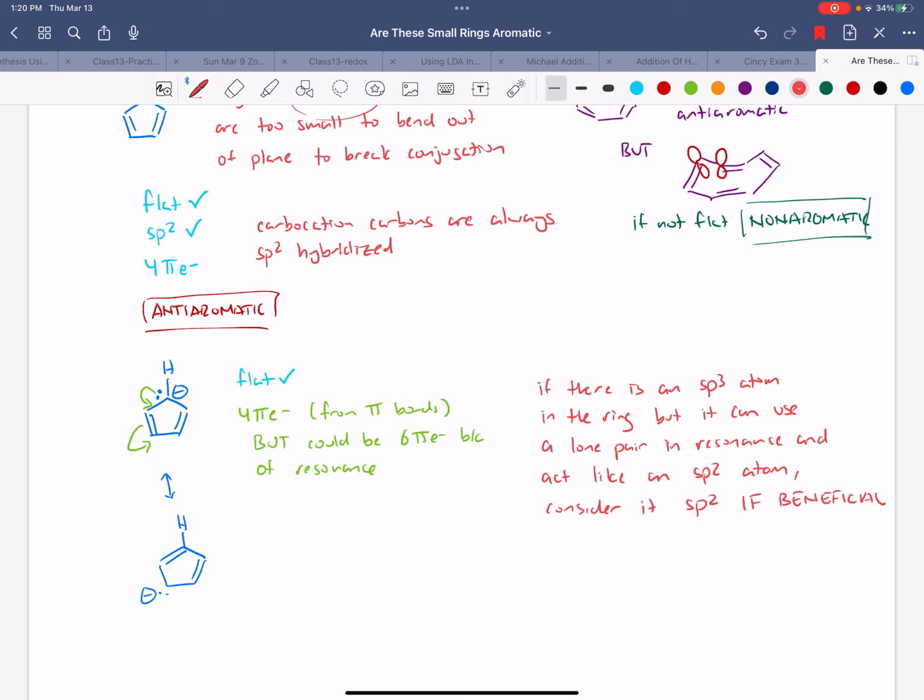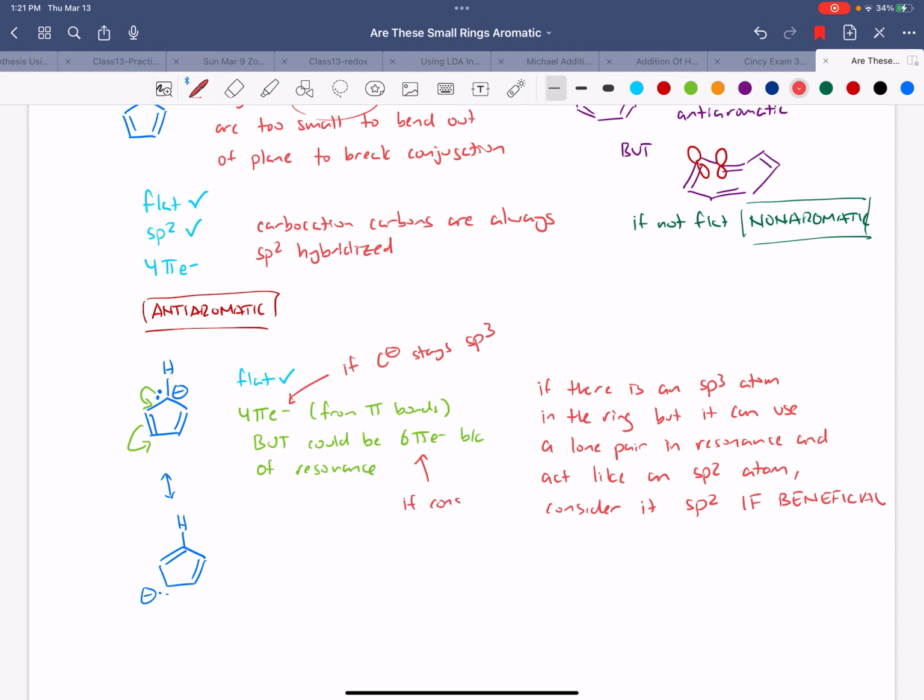So if I kept it sp3, it would have 4 pi electrons if the C negative charge stays sp3. But if I make it sp2, then that lone pair is part of the pi system.